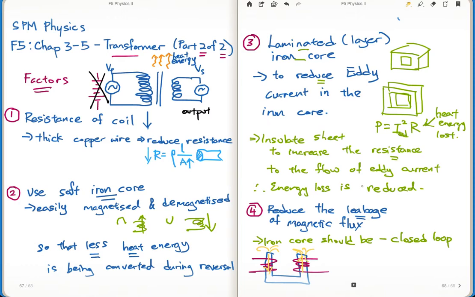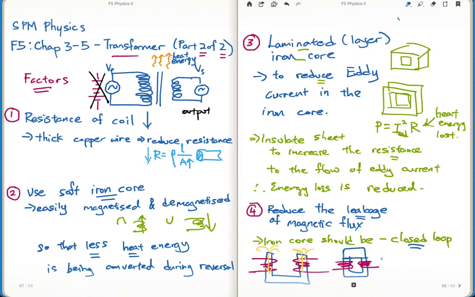So in order to reduce the leakage, what you do is a closed loop. It will be either a square where you have your primary coil and secondary coil. Here you have a joining because you can't make a square, so you get a U and then it has to be joined, a closed loop.